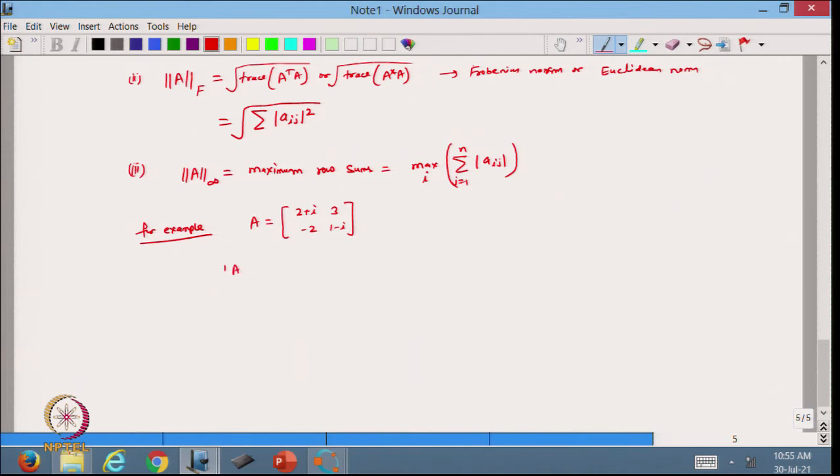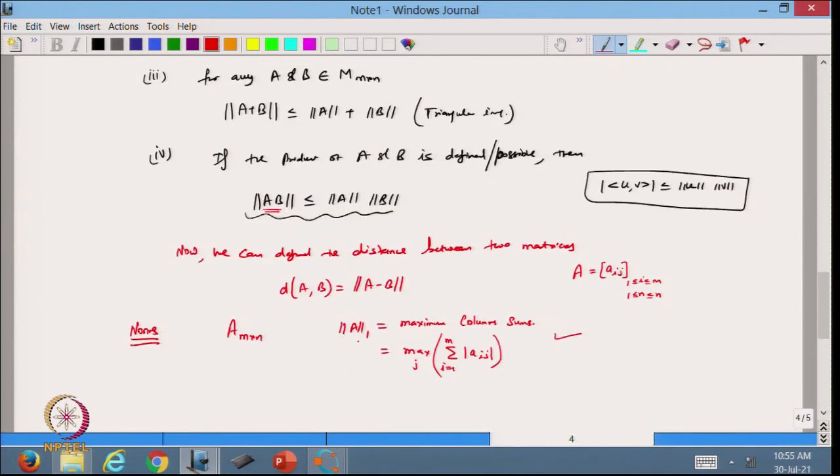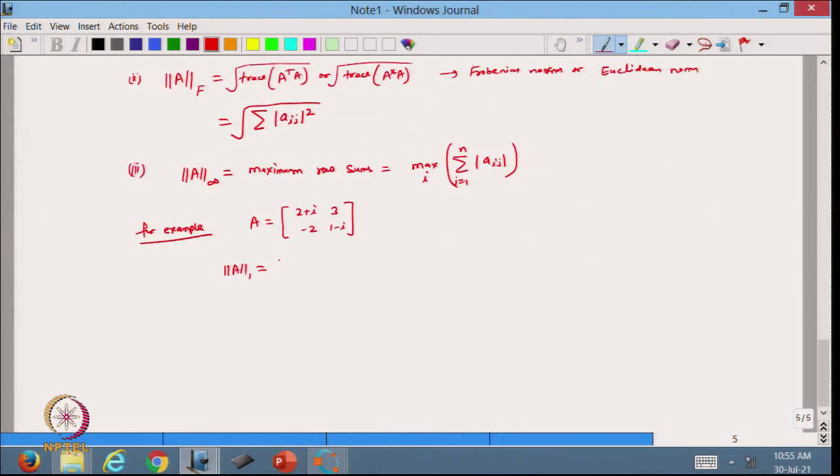I want to take the one norm, which I have just defined as the maximum column sum. So I take the maximum of the column sums. First this column: the modulus of 2 plus i plus the modulus of minus 2, which is the sum of the first column. Then the second column: 3 and 1 minus i.